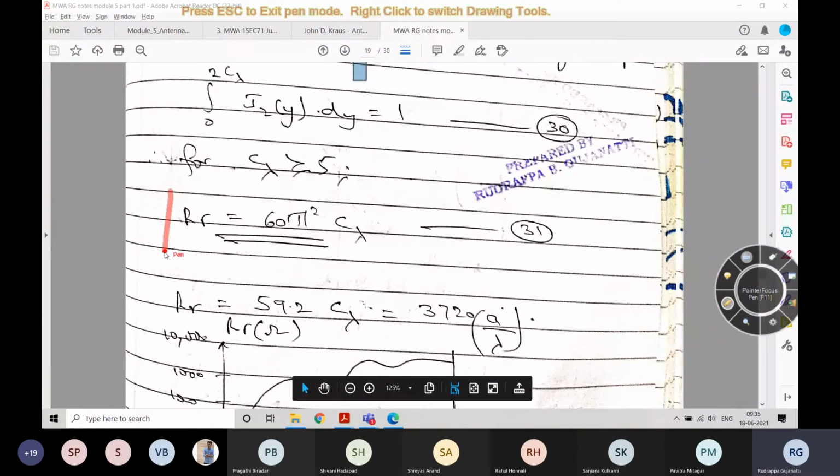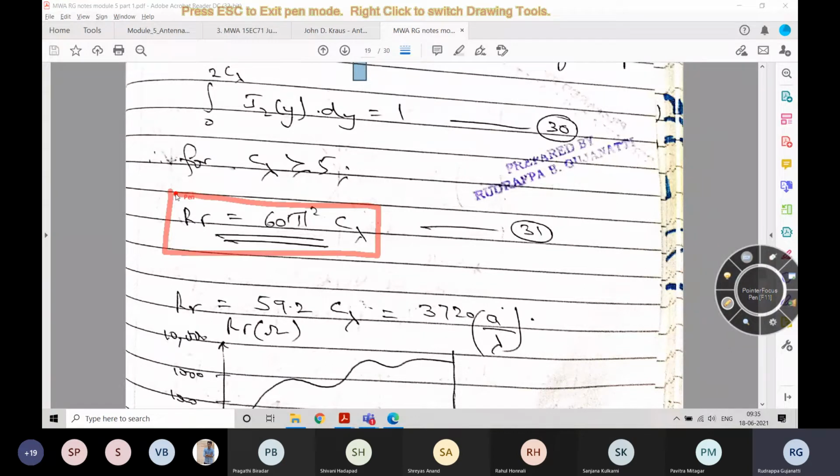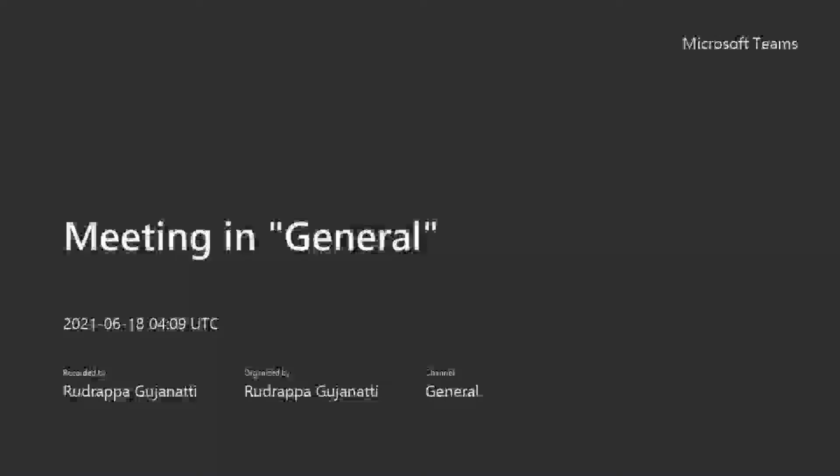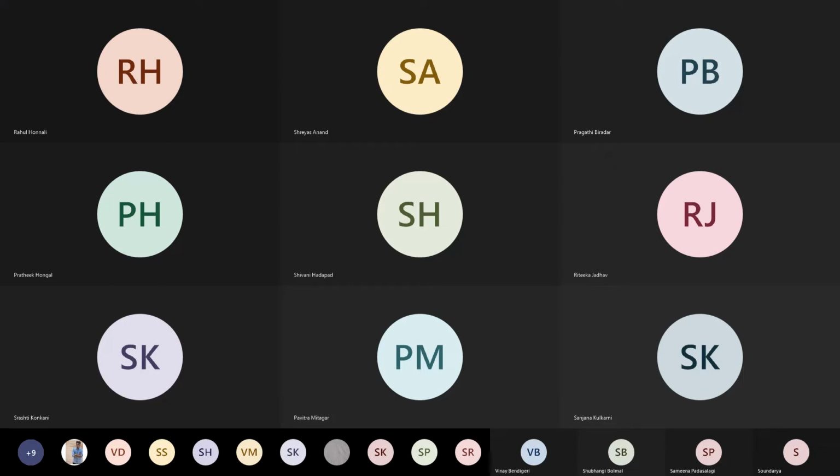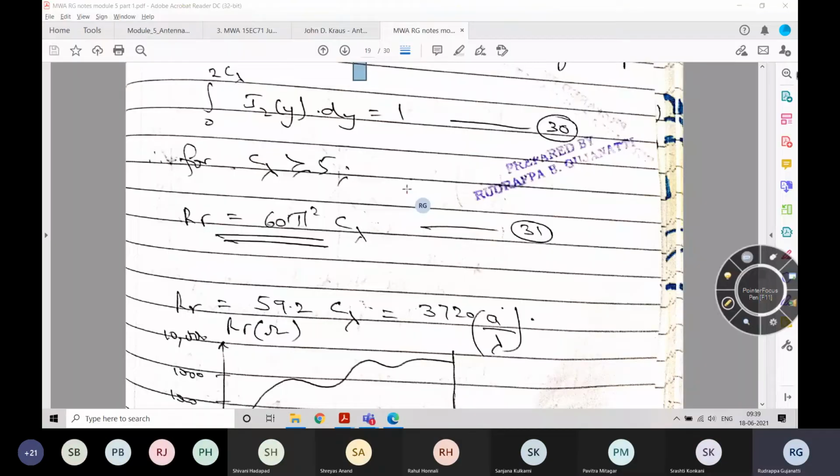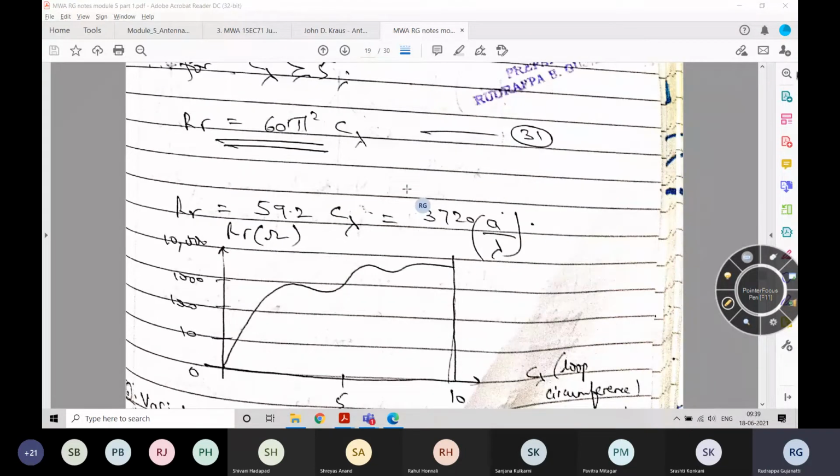So this is the radiation resistance of the large loop when we consider there is one turn.